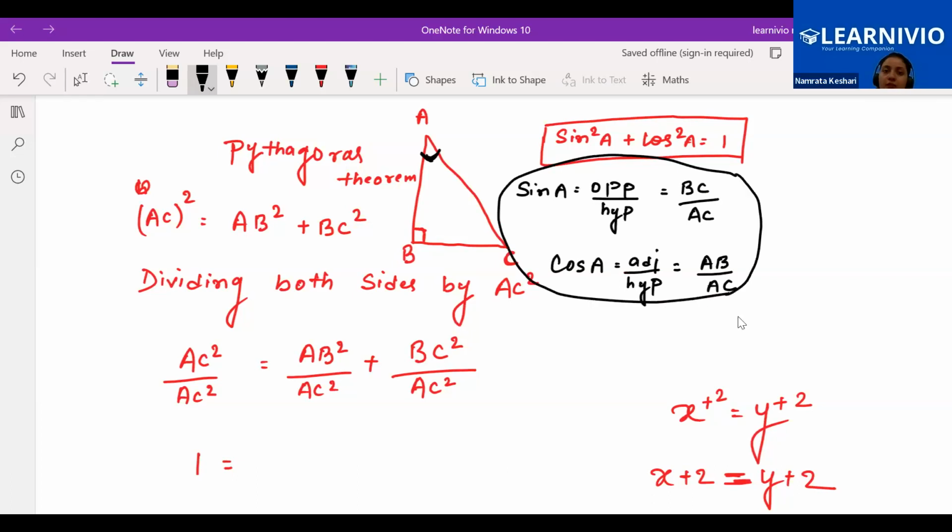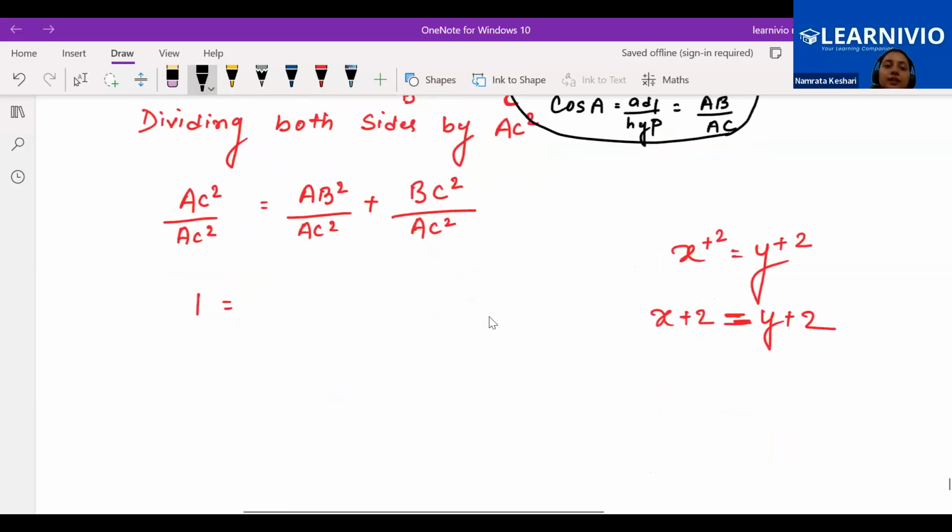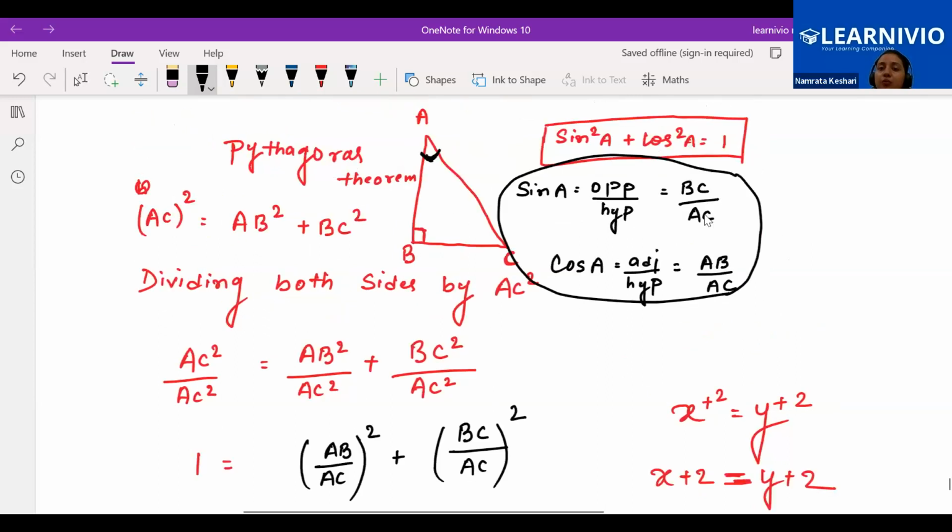Now let's get back to our equation. Can we write it as AB by AC whole square? Can we? Yes, we can. And this one as BC by AC whole square, right? Now the sin A and cos A, which we have already worked out here, can we put the value BC by AC in place of BC by AC?